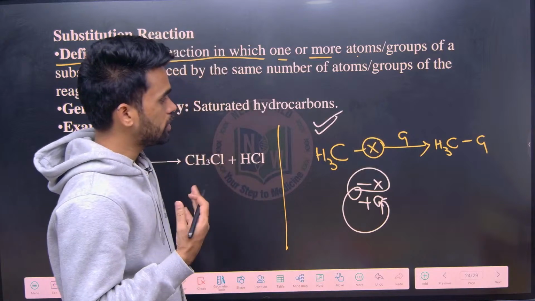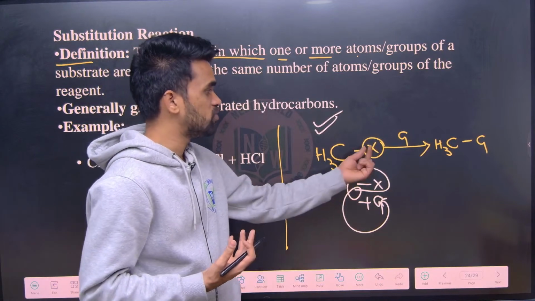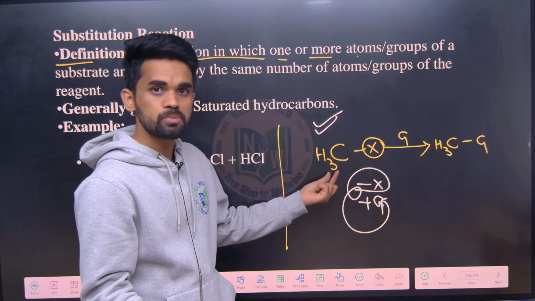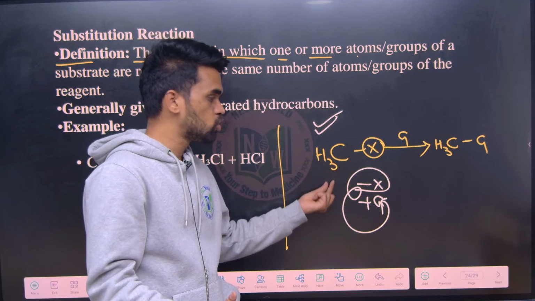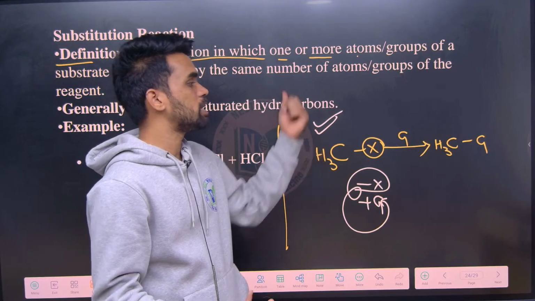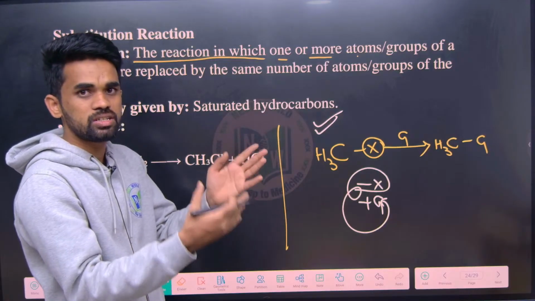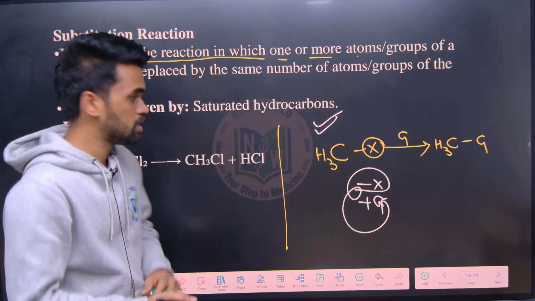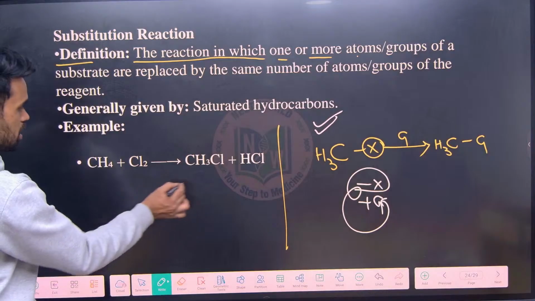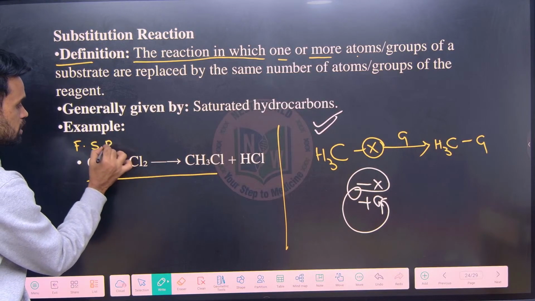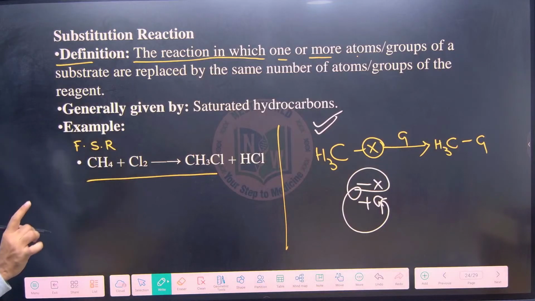In this case, it might be only one group, that is mono substitution. It may be multiple groups. Two hydrogens or two groups can be substituted, or all four can be substituted. Based on the type of reaction, we have different substitution products. The example you are seeing here is called free radical substitution reaction. So what do we mean by free radical first?